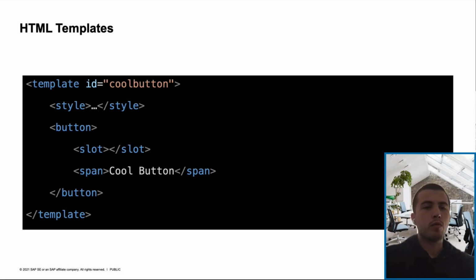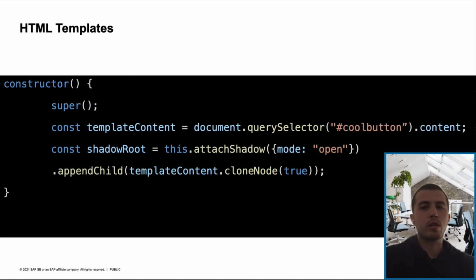Now, after we have moved all of our code here from the string template that we previously had, let's take a look at the constructor method of the cool button again. Here, what are we doing? First, we should get a reference to the template and more importantly to the content of our template. After that, once we attach the shadow, just like we already did, we can append the template's content inside.